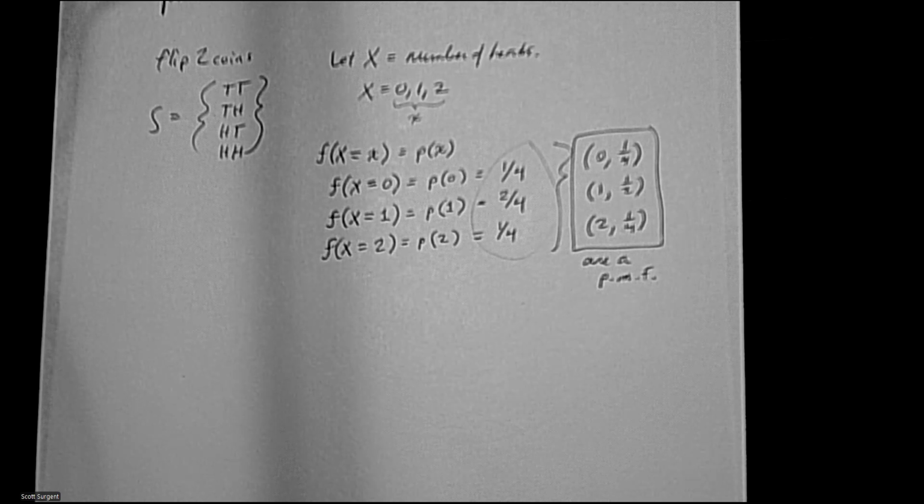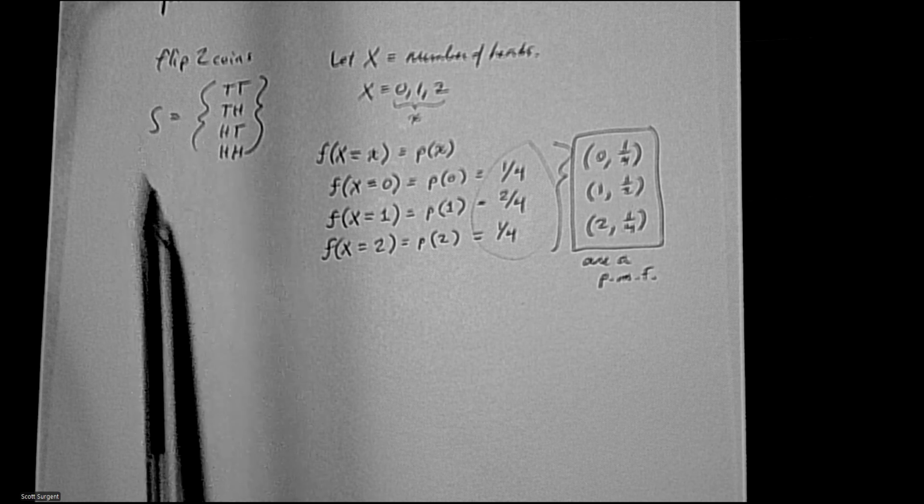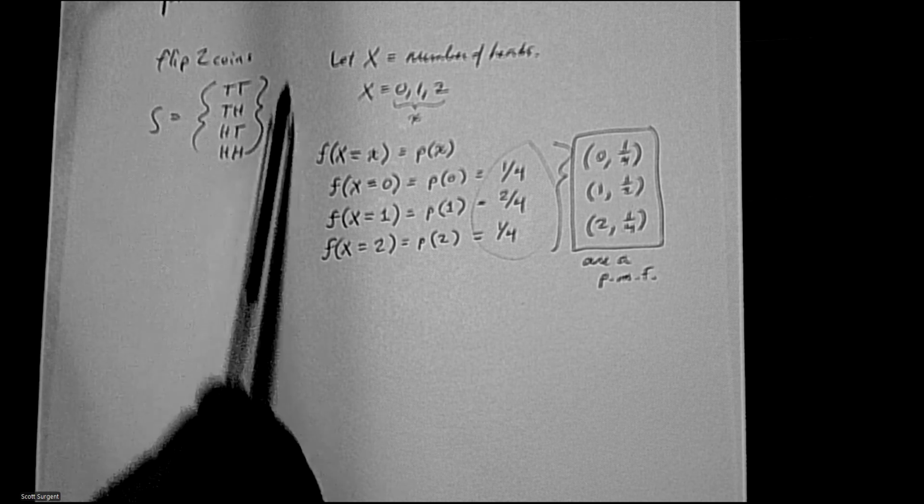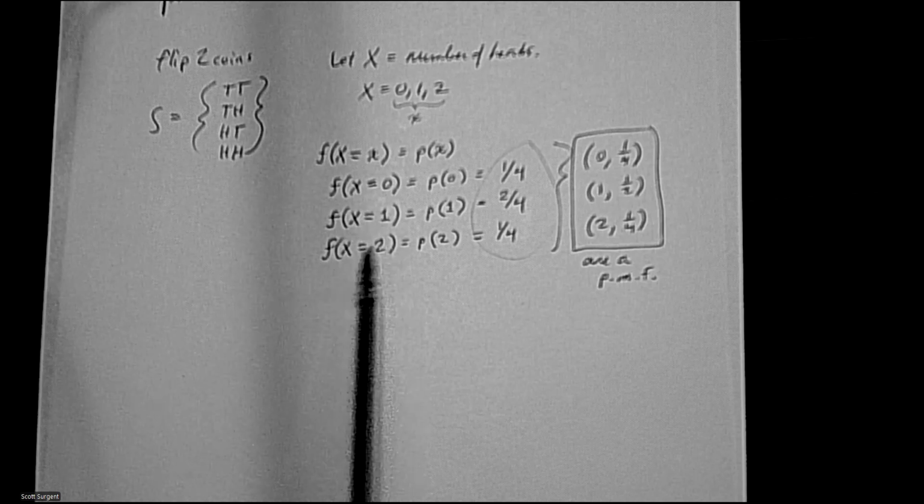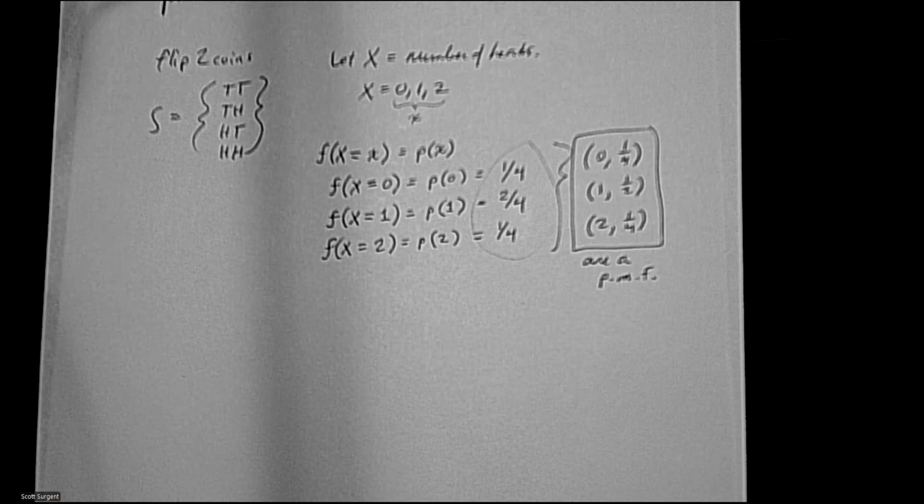Really, it's just those two rules. You just can't have negatives and they have to add up to one. The rest of it is simply the translation from something inherently non-numerical to something numerical.